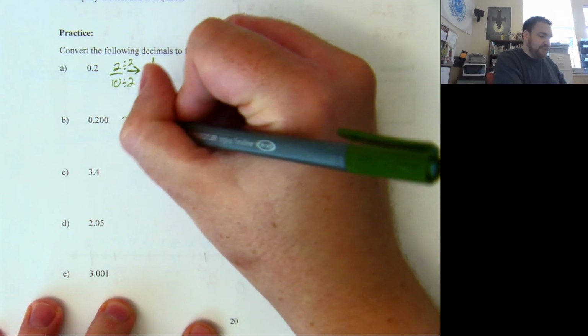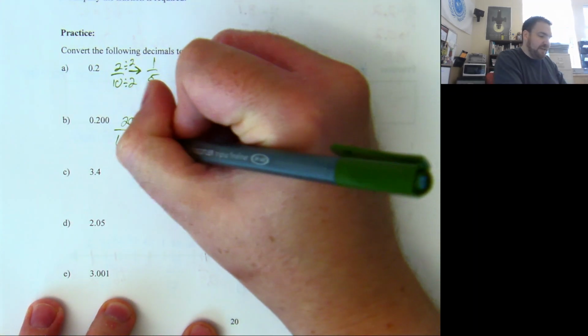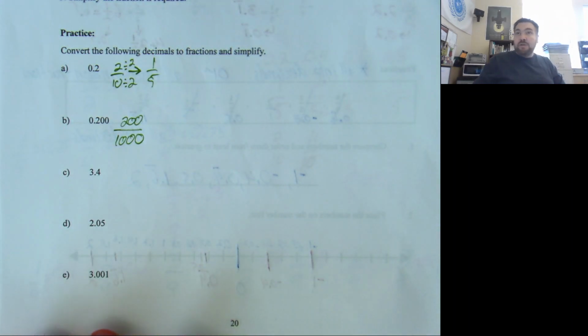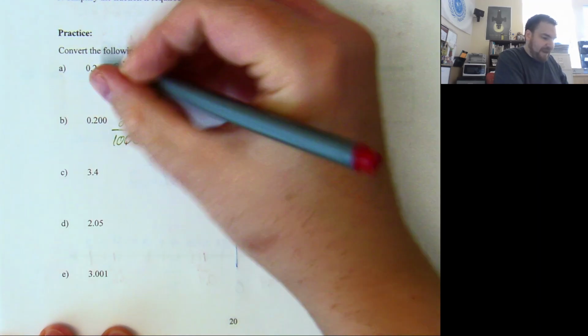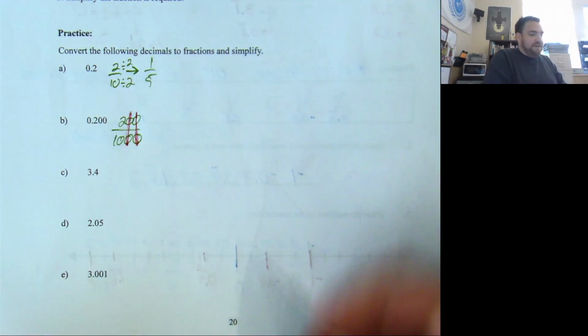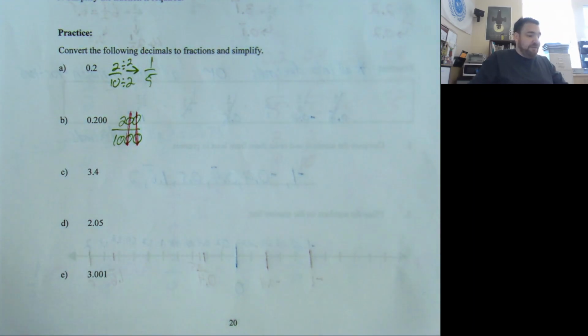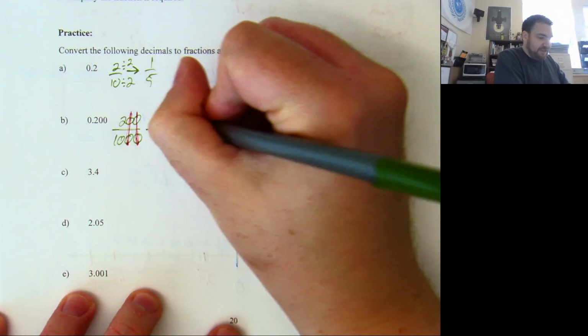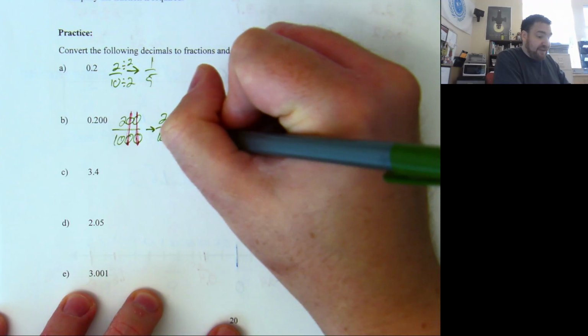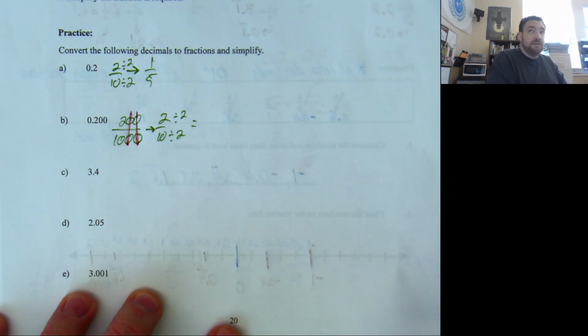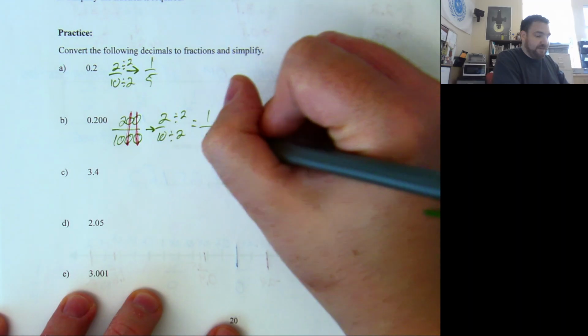So this thing is going to be 200 over 1,000. But this is easy to reduce. You can cross off zeros. Basically, I'm just dividing that by 100. It's going to give me 2 over 10, which I can then reduce the same way I did the previous one. 2 divided by 2 is 1. 10 divided by 2 is 5.